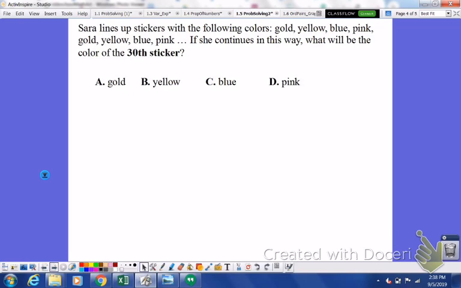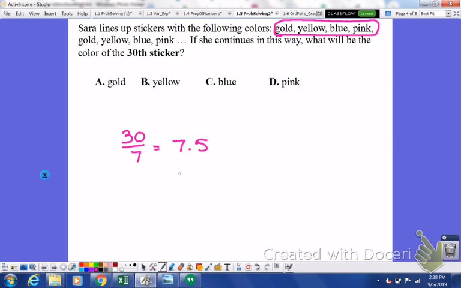Well, we know that there are 4 colors total. So I want to figure out how many sets of 4 we have in 30. So I would do that by figuring out 30 divided by 4, which gives us 7.5.